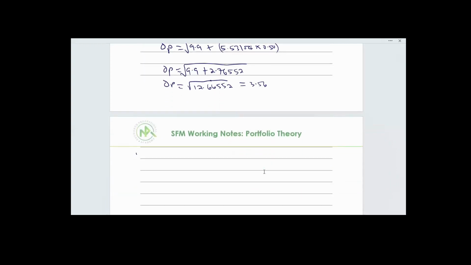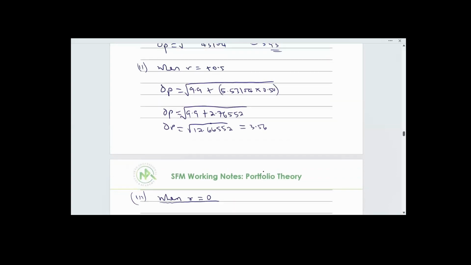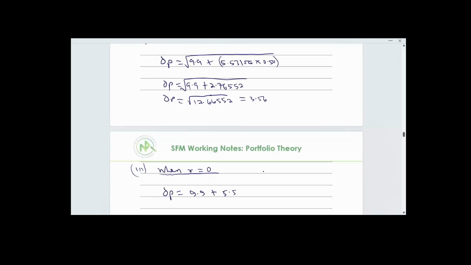Number 3, when R is equal to 0, the risk of the portfolio will be equal to 9.9 plus 5.53104 multiplied by 0.